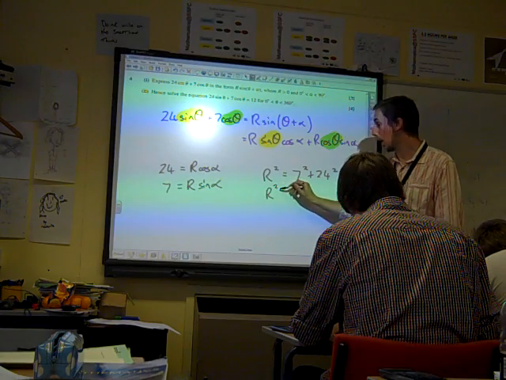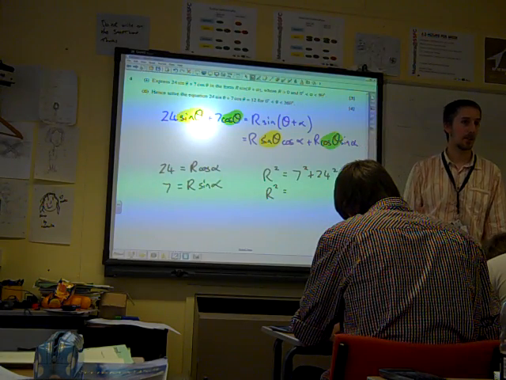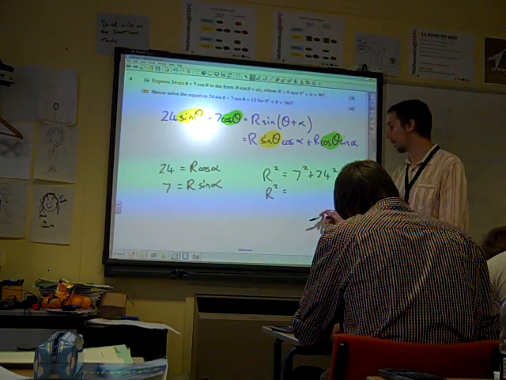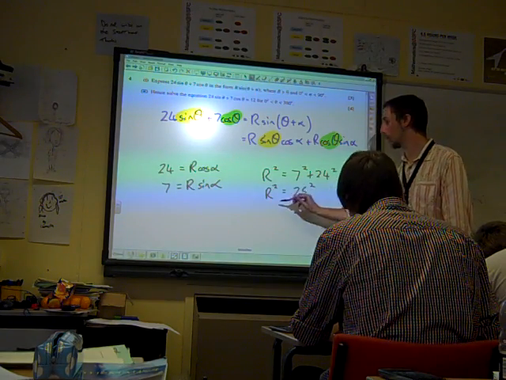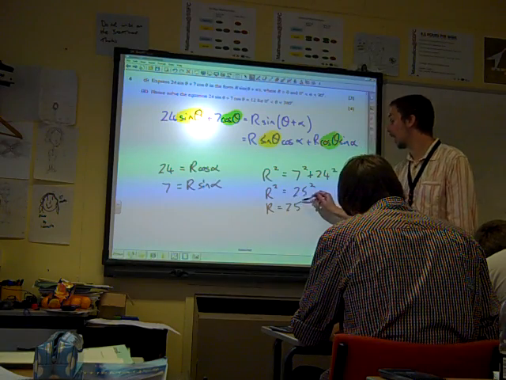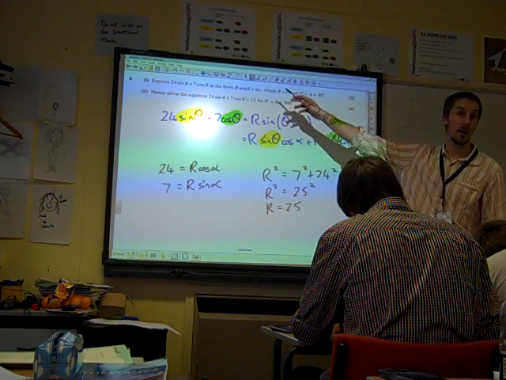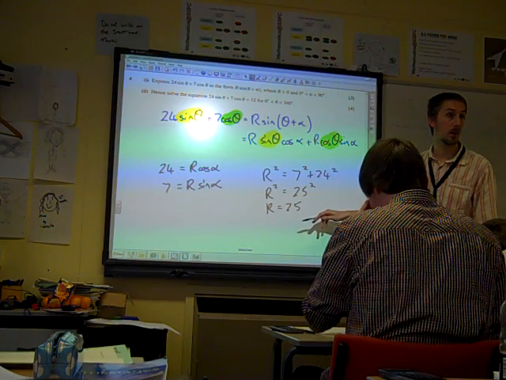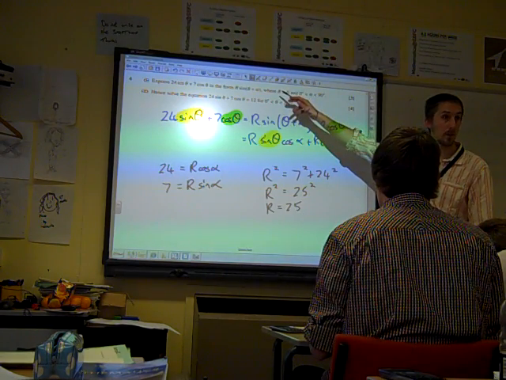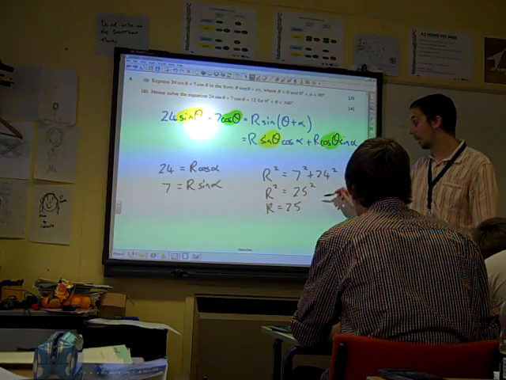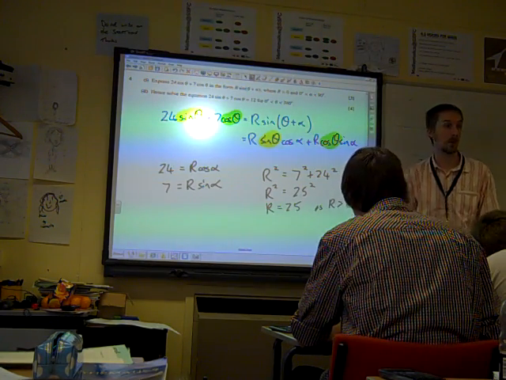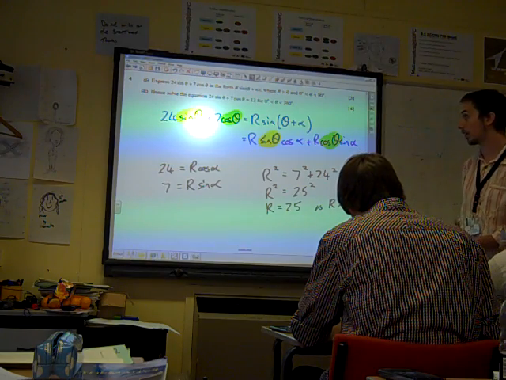Which gives me r squared is, it's going to come out to 625, isn't it? We get r is 25. Strictly speaking, we get r is plus or minus 25, but this said that r was positive, so we only take the positive one, the plus 25.